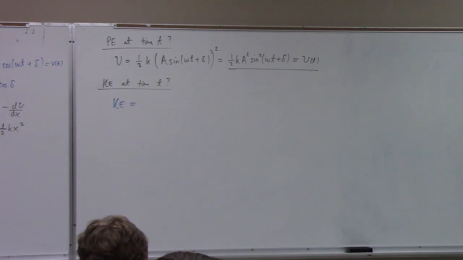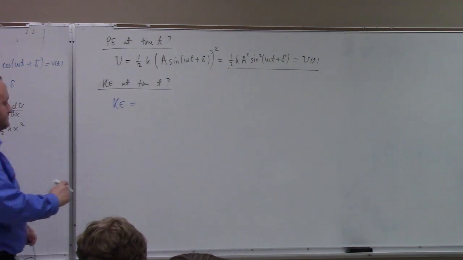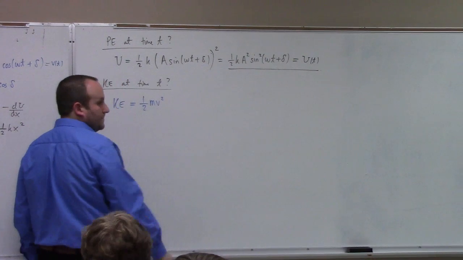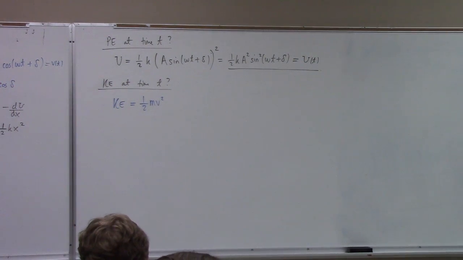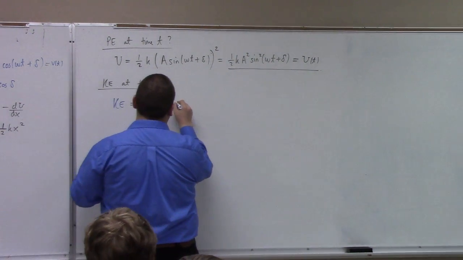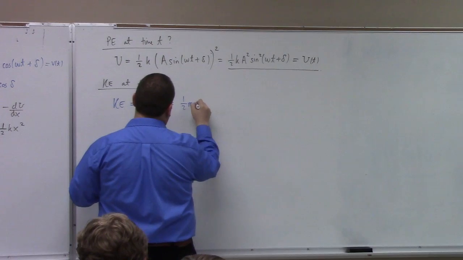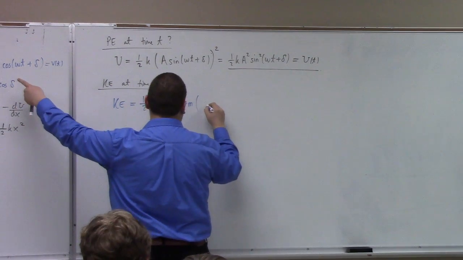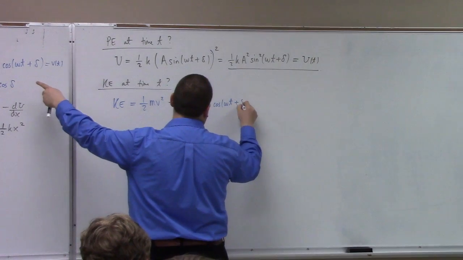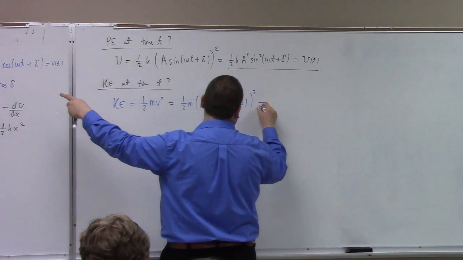Getting back. What's the kinetic energy? 1/2 what? mv squared, right? How do I find the kinetic energy at time t? I could take the velocity at time t and just plug it in there. What do you get? A omega cosine omega t plus delta, quantity squared.